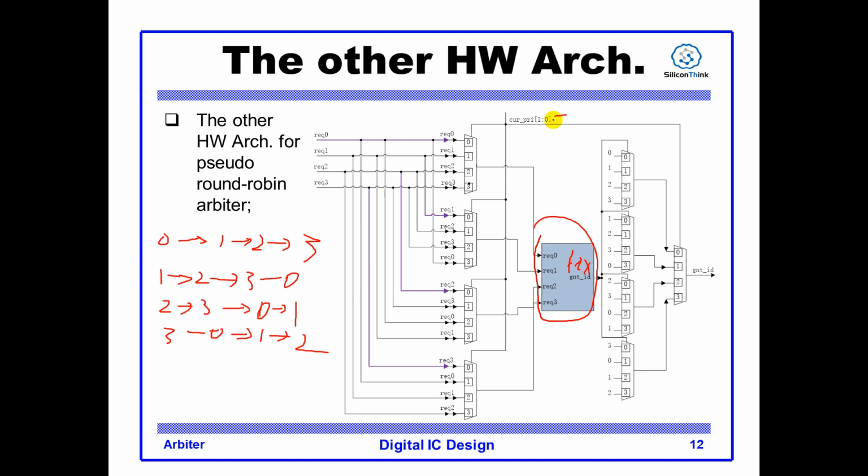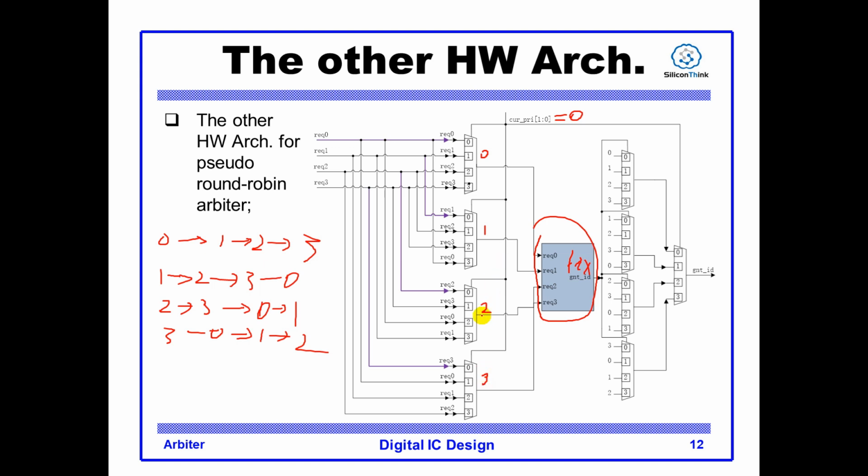Let's see some examples. For example, if this equals 0, the first output here will be request 0, and this will be request 1. The output of this mux will be request 2, and when the current priority is 0, the output of this mux will be request 3.